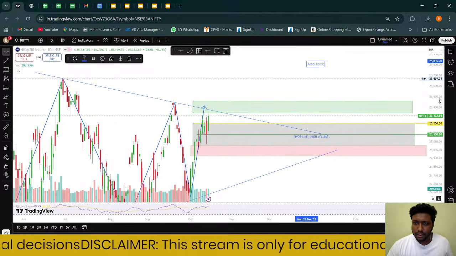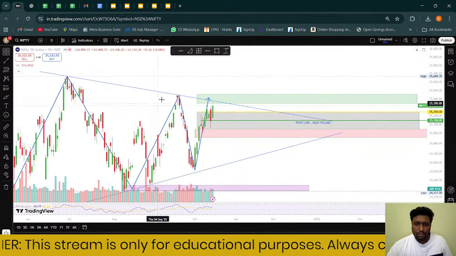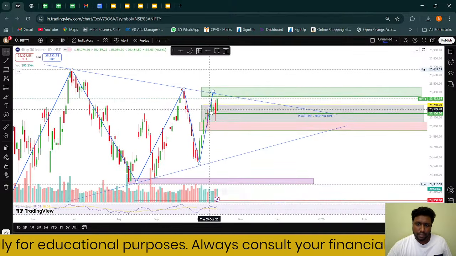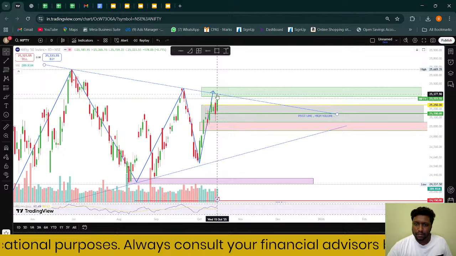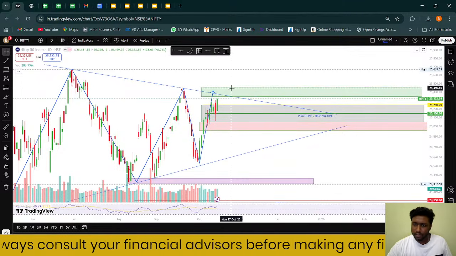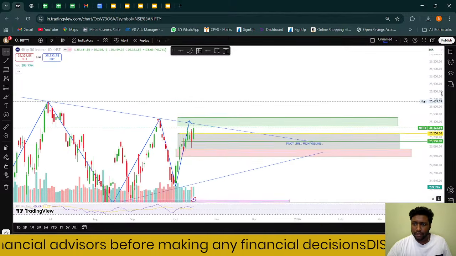You can see here the chart pattern, which was a symmetrical triangle. It's also respected here. Let's see if we get a reversal from this point, or it's going to give a breakout out of this symmetrical triangle pattern. So let's have a look at that as well.